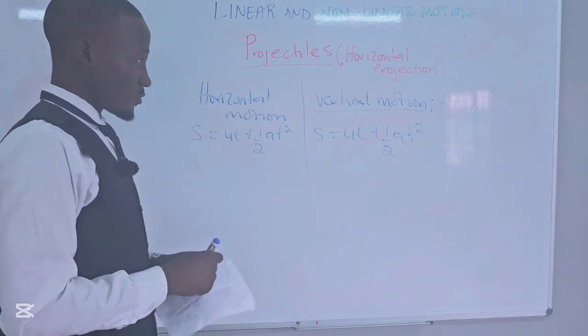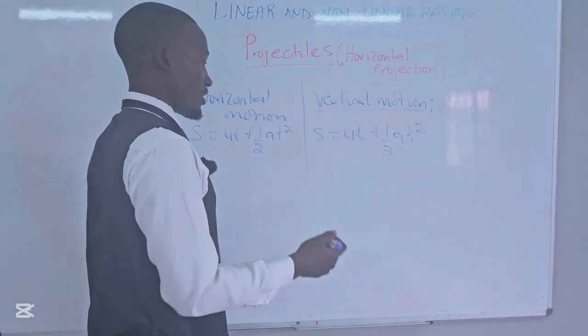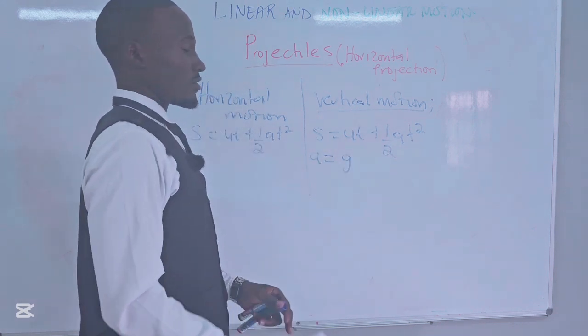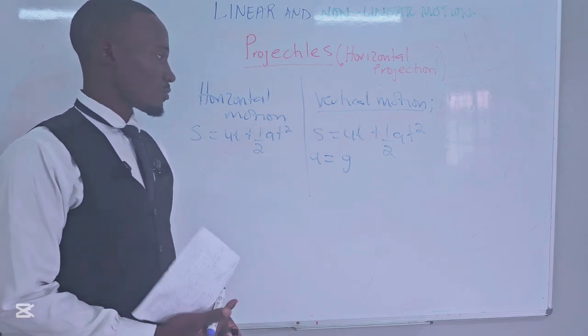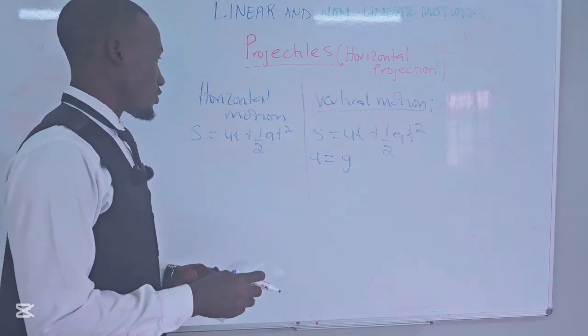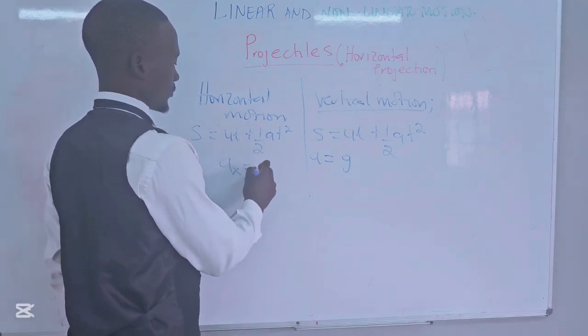Since this object is moving in the gravitation field, the acceleration it has is g, and we only have this acceleration if something is moving in the gravitation field. It means we are not going to have acceleration in the horizontal motion.